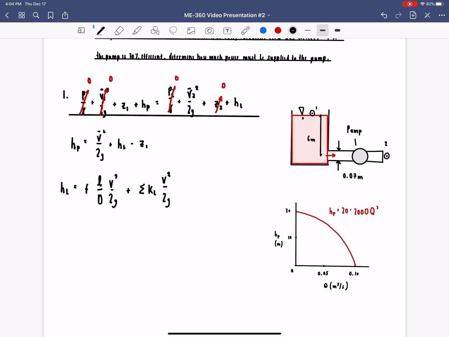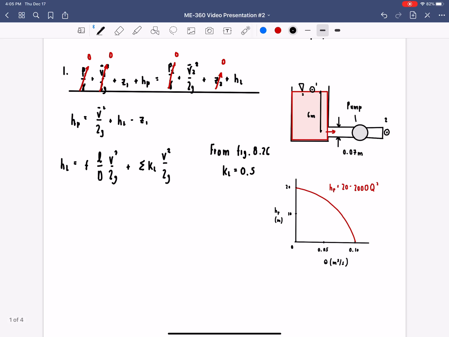But we know from figure 8.26 that the loss coefficient for a sharp edge entrance is 0.5. We also know the length is equal to 2.0 meters, the diameter is equal to 0.07 meters, and we have a common term, v squared over 2g, that I can pull out as well.